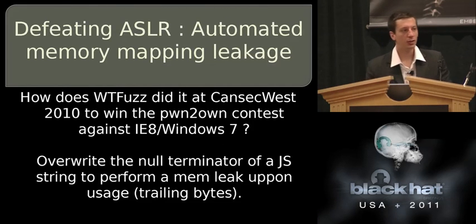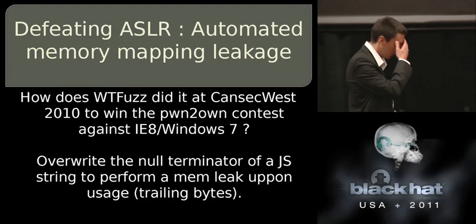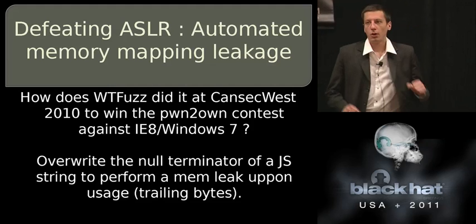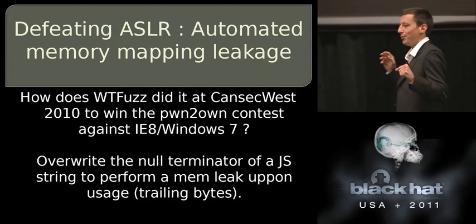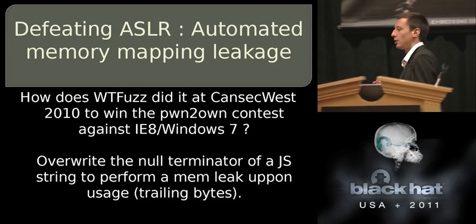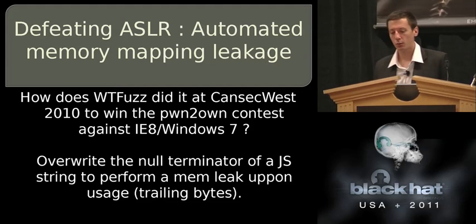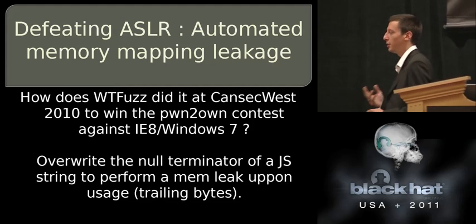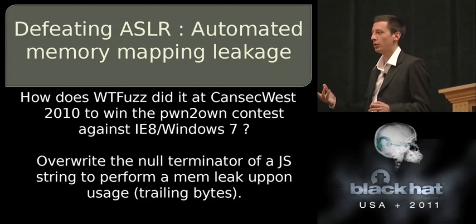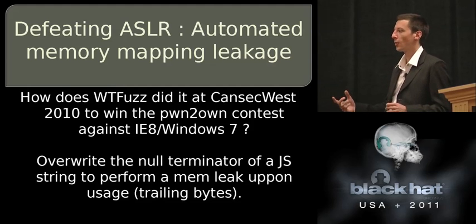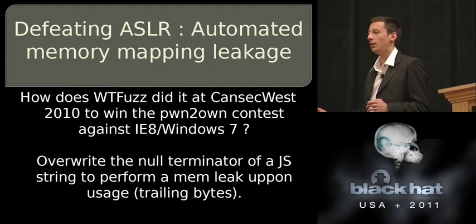Okay, this is a bit difficult. How do you automate ASLR leakage? Basically, there was an exploit at CanSecWest 2010, which was pretty revolutionary, because using JavaScript and a heap overflow, it could deduce the mapping of the binary.